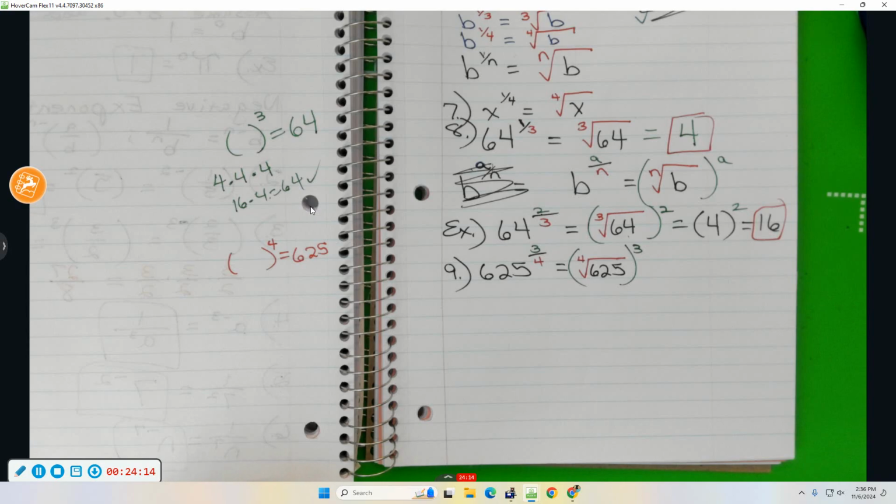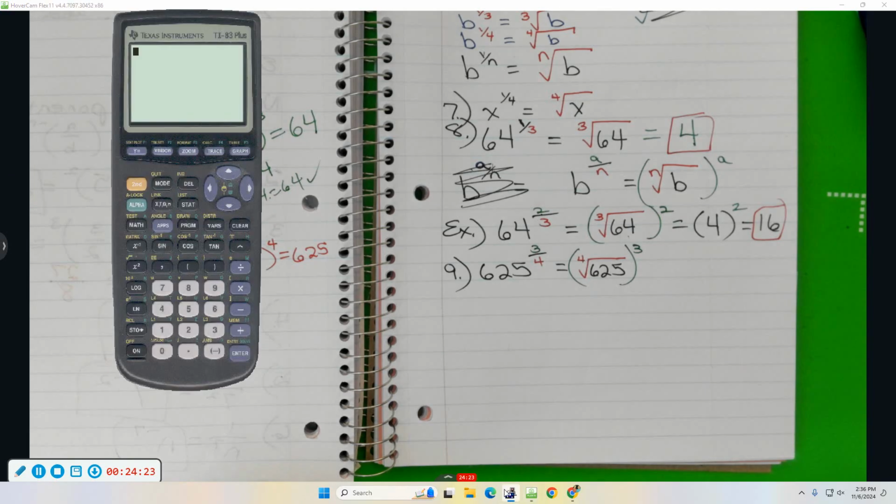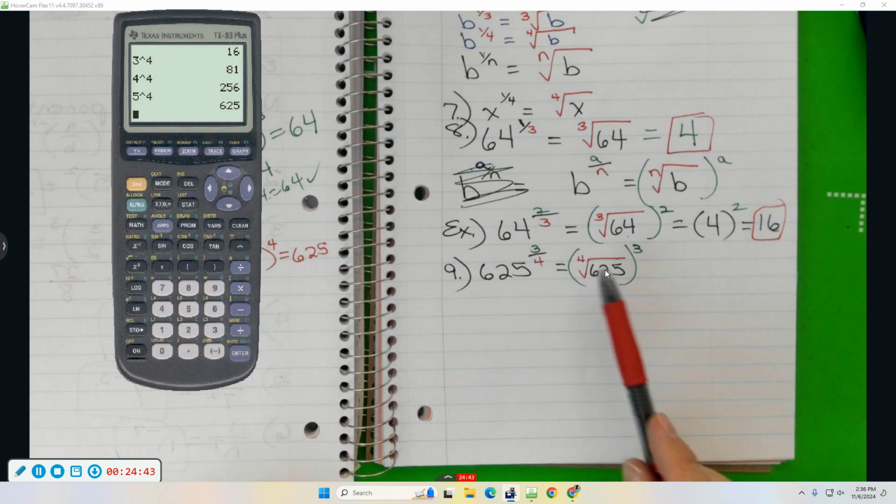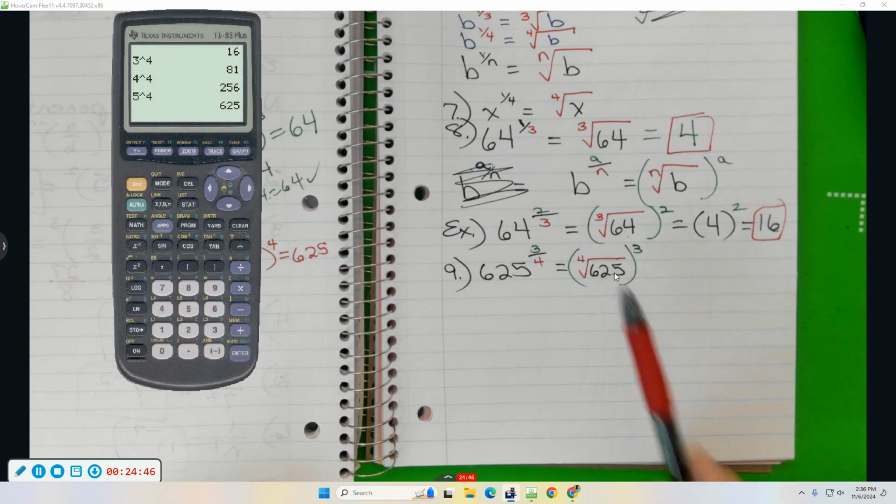So, let's go to our calculator and play around. What number to the 4th power will give us 625? When I look at that last digit there, 625, it's not 2 to the 4th. I think it's going to be 5 to the 4th. Check 5 to the 4th. That's okay. So the 4th root of 625 is 5.